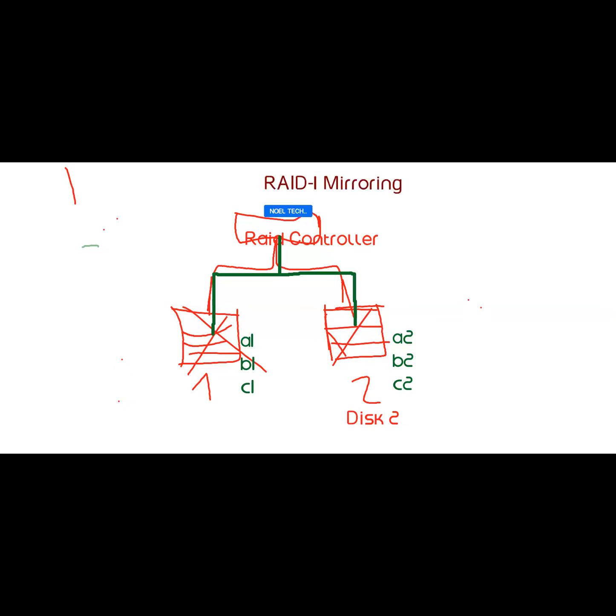The point I'm trying to make is that with RAID 1, which is mirroring, the data is not being split into two the way we have pieces of data in the RAID 0 configuration. So that being said, I would like the next person to come on and explain to us RAID 0.